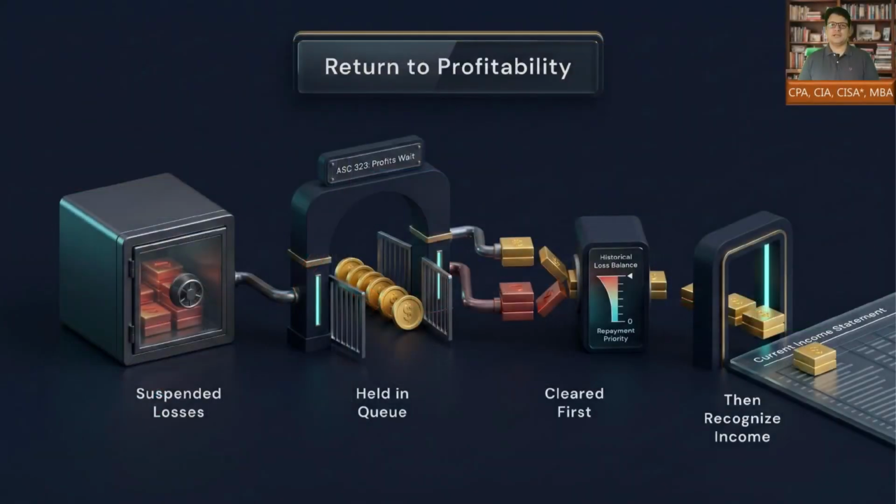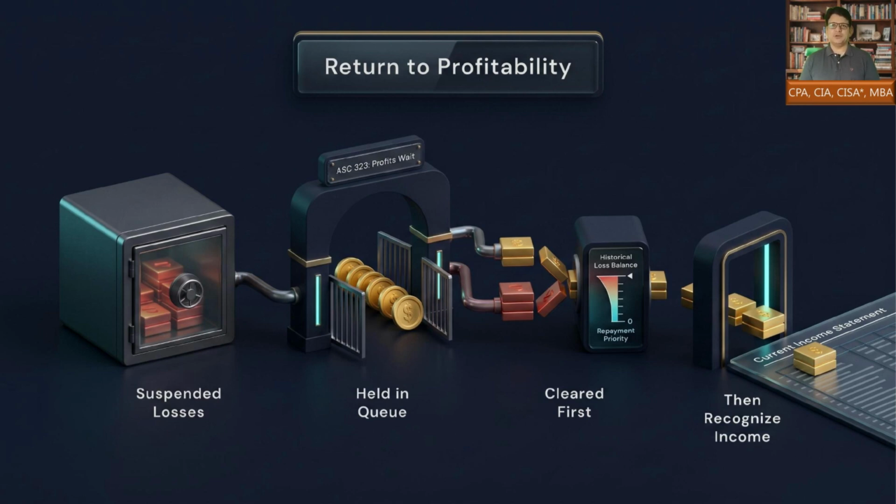When the investee later becomes profitable, the investor does not immediately recognize equity method income if suspended losses remain. Later income first clears the suspended loss balance. Only the excess income, after the old suspended losses are absorbed, is recognized in the current income statement.